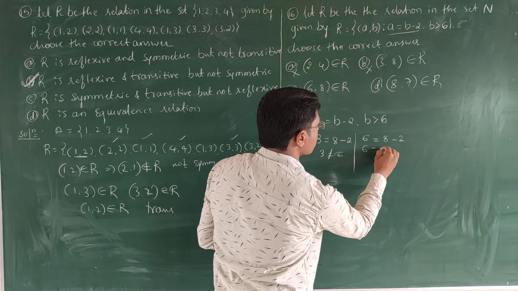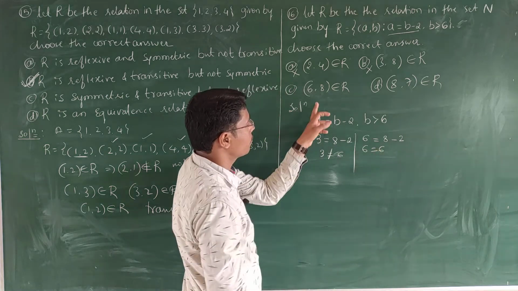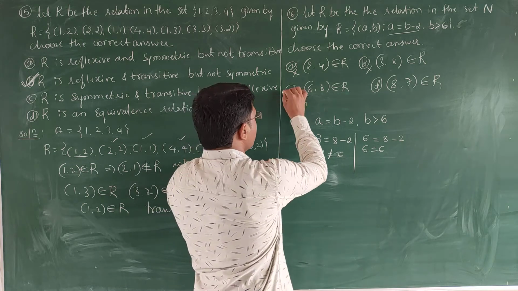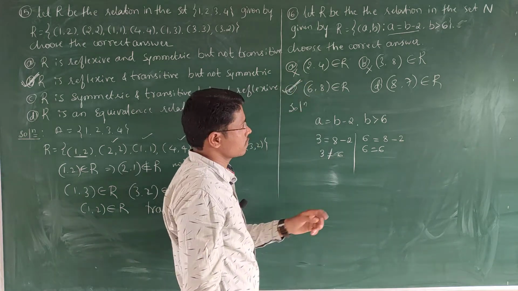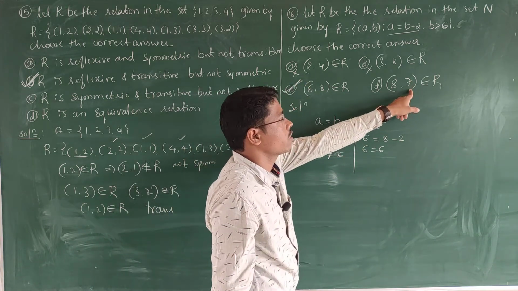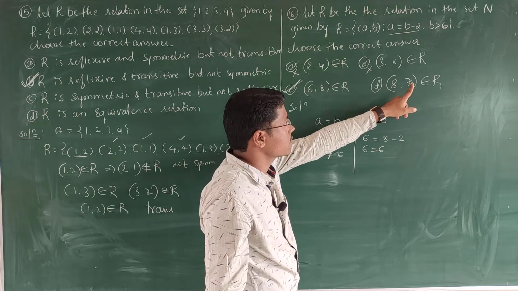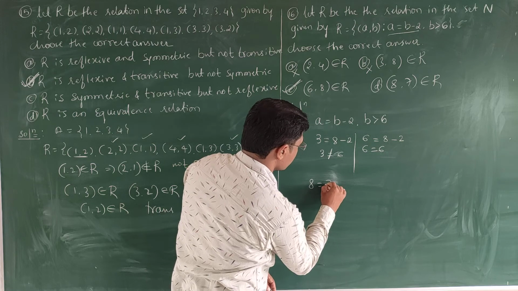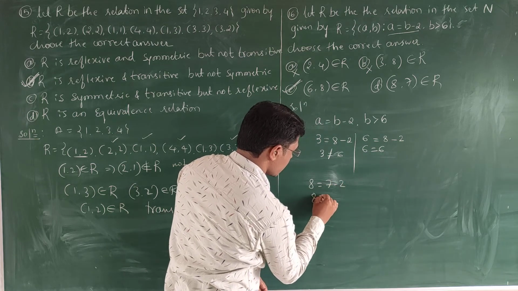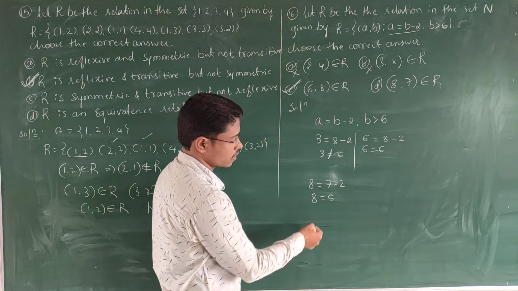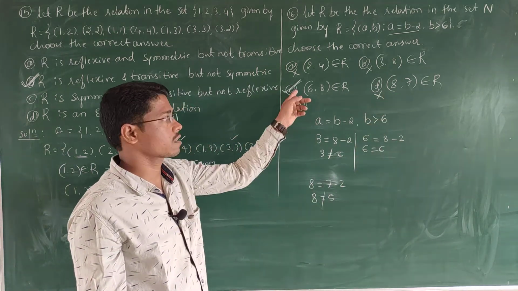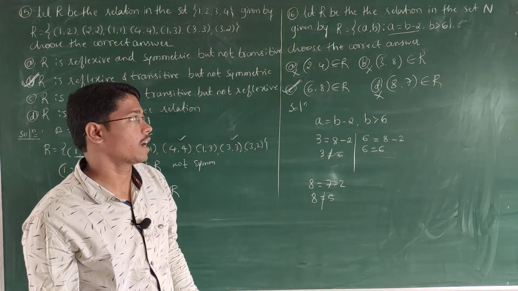So 6 is equal to 6 and b is also greater than 6. b is 8 here, it is greater than 6. So it holds, it is the right answer. And check this also: b is 7, greater than 6, a is 8. So putting a equal to 7 minus 2, a equal to 5. So this is also not possible. Therefore, the right answer is (6, 8) belongs to R.